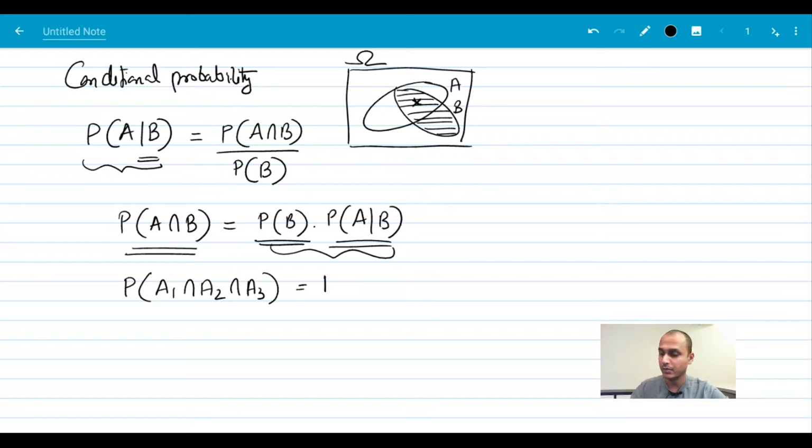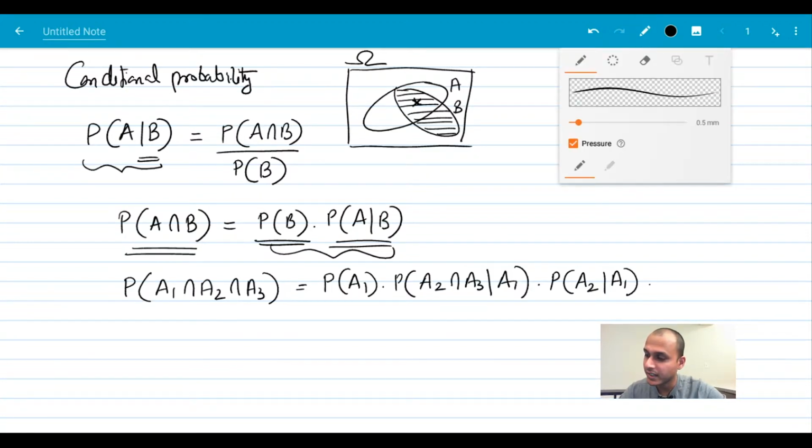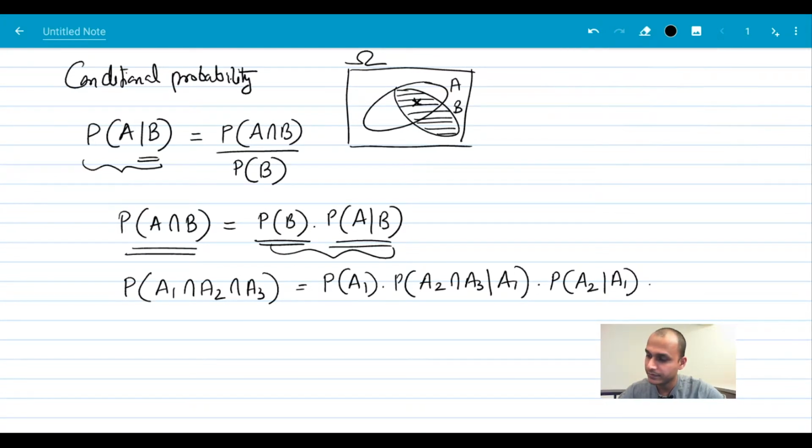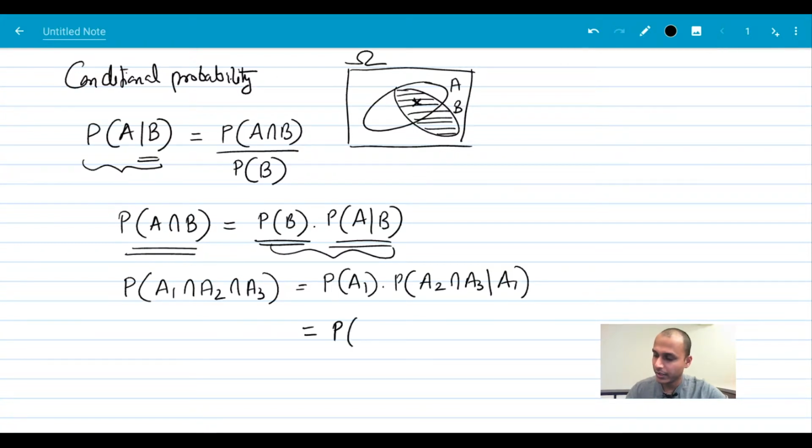Doing so, this is equal to the probability of A1 times the probability of A2 given A1 times the probability of A3 given A2 and A1.